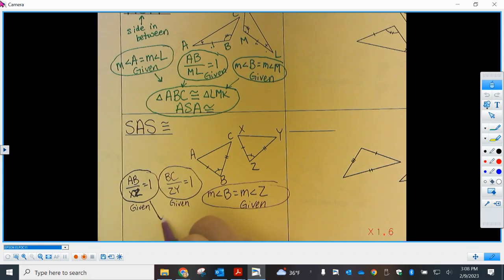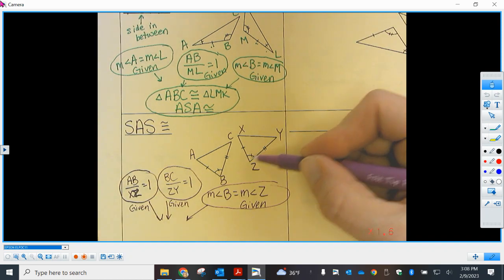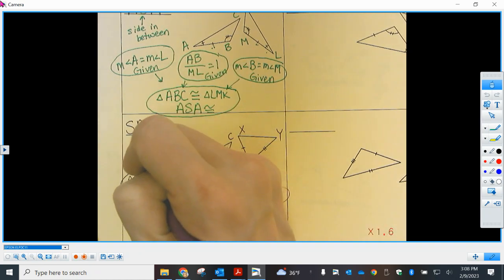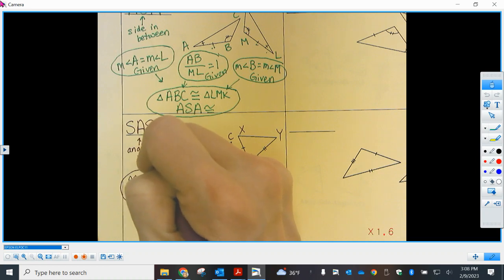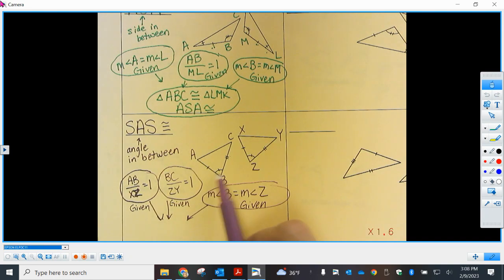So because of these three reasons, okay, side, angle, side. Again, this has to be the angle in between. It's got to be the angle sandwiched between the two congruent sides.